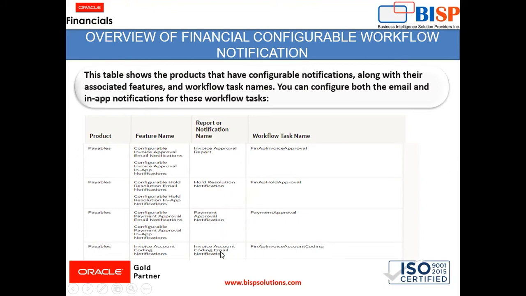These are the reports and notifications for which you get both email and in-app notification, right? So this is all about the email and in-app notification for the payables product.